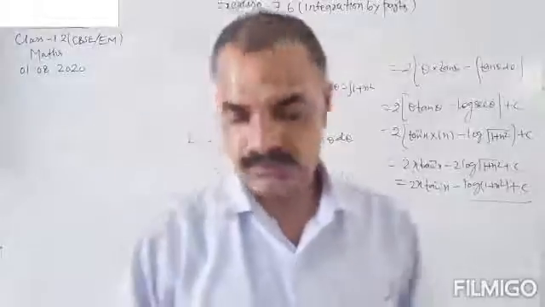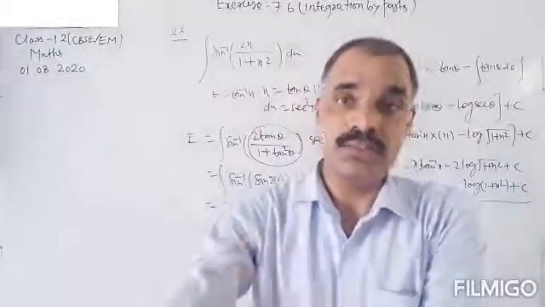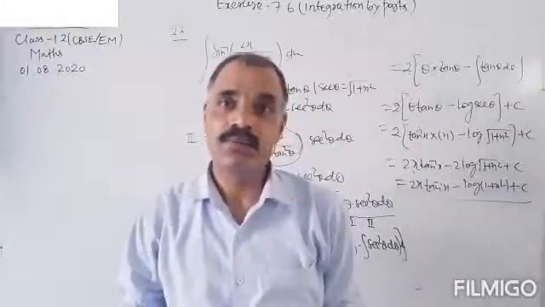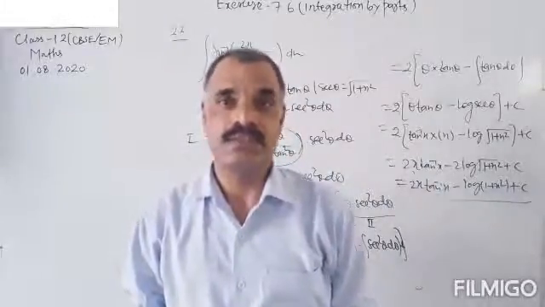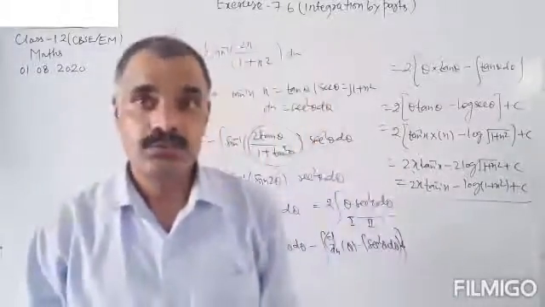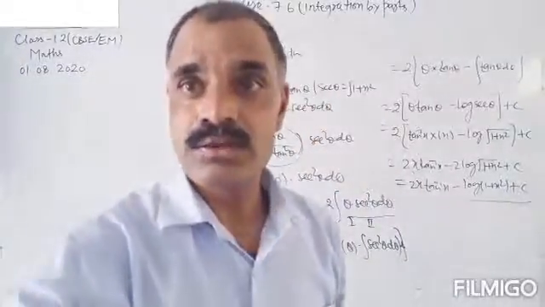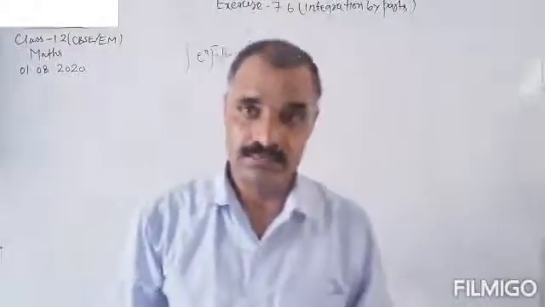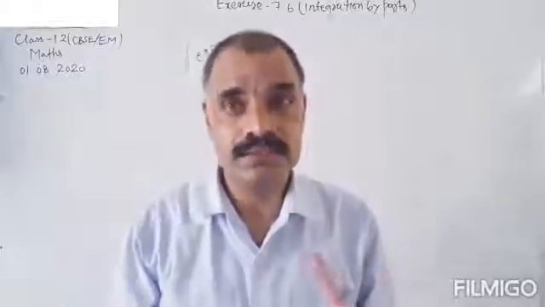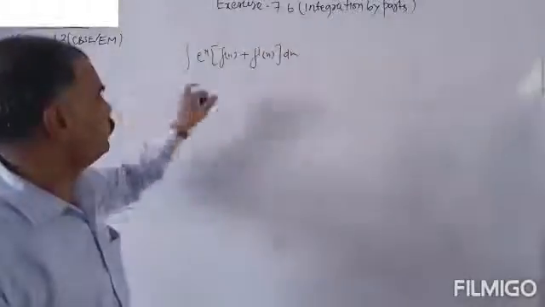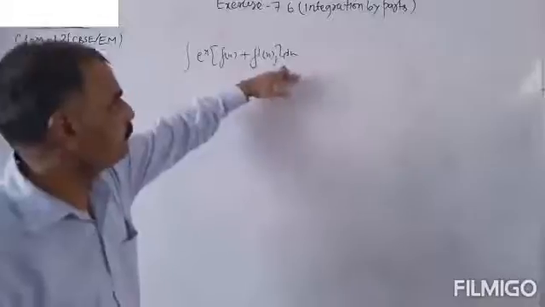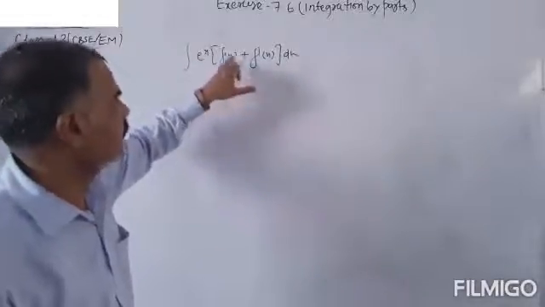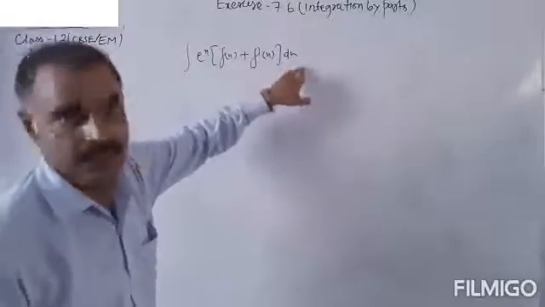Okay, now let us take another question, and before taking another question I would like to mention here that one more method of integration is there in this exercise. That is, the integration of the form of the function e to the power x multiplied by function x plus function dash x dx.